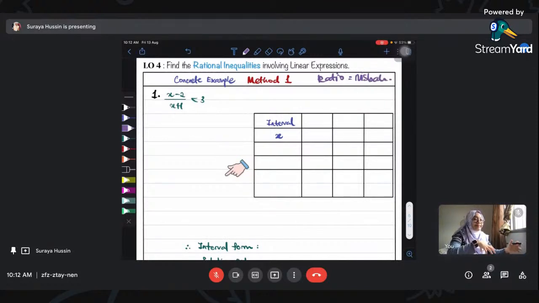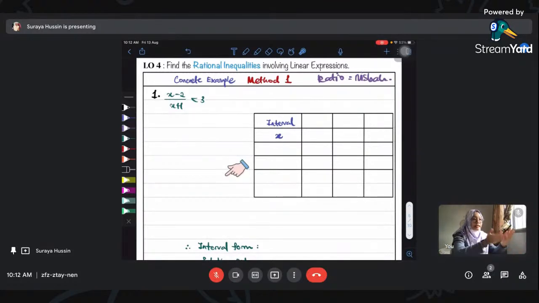Ratio means like 2 to 3 to 2 ataupun 1 to 1. Kan? Itu adalah nisbah 1 to 1. Tapi tak naklah kita letak dot-dot tu. Kita just faham the ratio means you have a division. That's all.